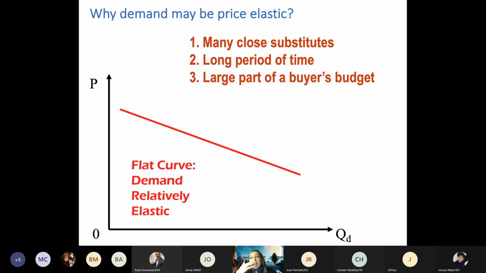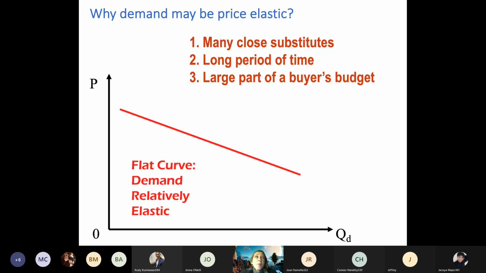When something is a large part of your budget, so a big purchase versus a small purchase, people are less sensitive to price changes when we're talking about a small purchase. We're more sensitive and thoughtful, and tend to search for a better price, when it's a larger share of our budget.